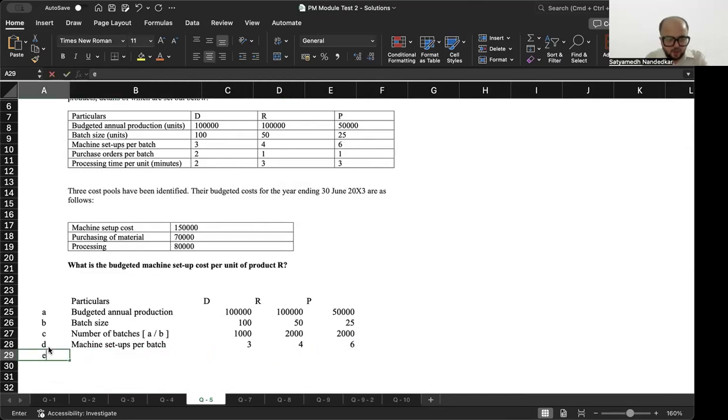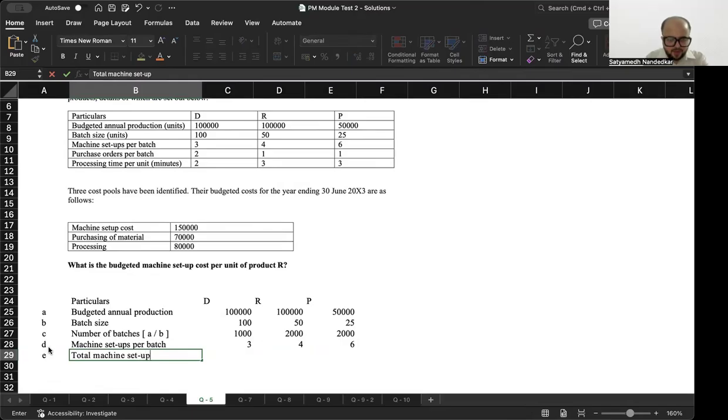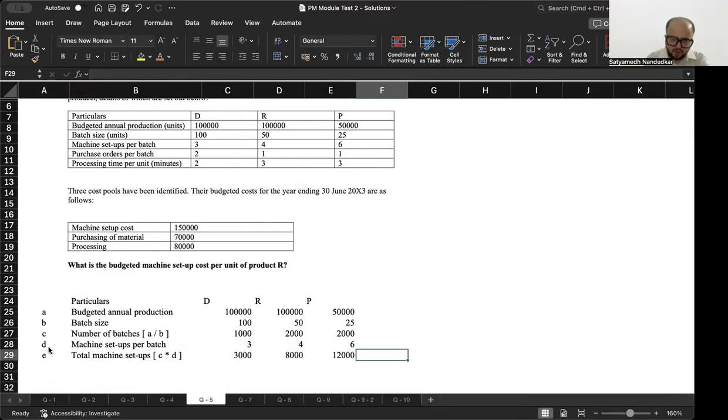So total machine setups is C into D. On an overall level, you have 23,000 setups.